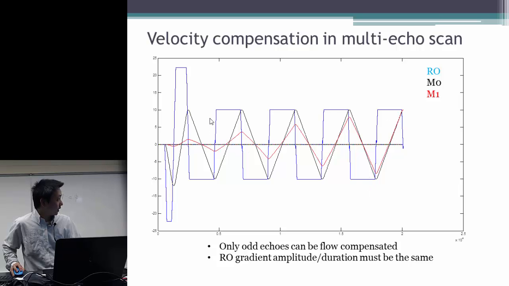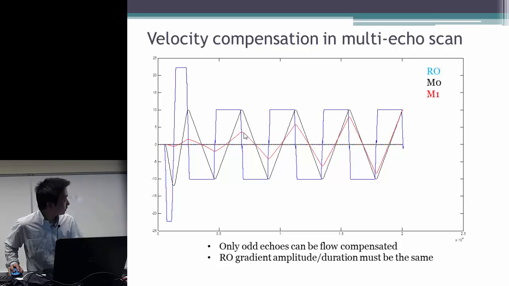Now, because the first gradient moment is a function of the square of the time, we can see that the first gradient moment would alternate with higher and higher values. But take a look at when they return to zero.